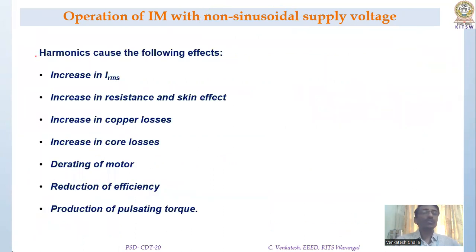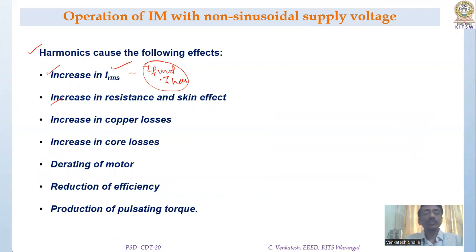When harmonics are increased, there is an increase in the RMS value of current. Why? Because there is an RMS value for the fundamental, and the harmonics also have RMS values. So the effective RMS value is more than the fundamental component. Harmonics also increase resistance and skin effect.